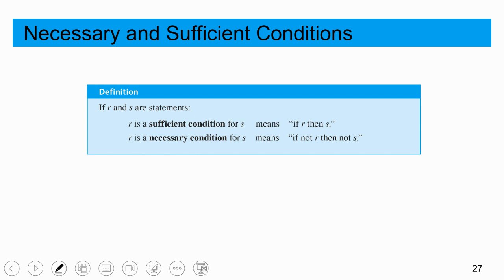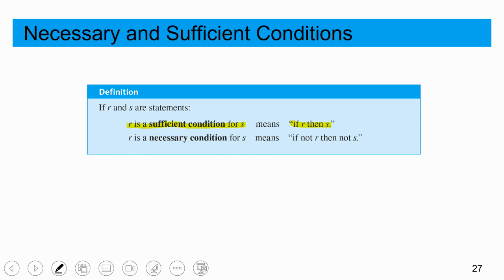All right, so think about R and S as statements. And it says R is a sufficient condition for S. Sufficient, meaning when you think about the word sufficient, it's kind of like it'll do, you know? And so if R is a sufficient condition for S, it means if R happens, then S will happen. Now, it doesn't mean that that's the only way S will happen.